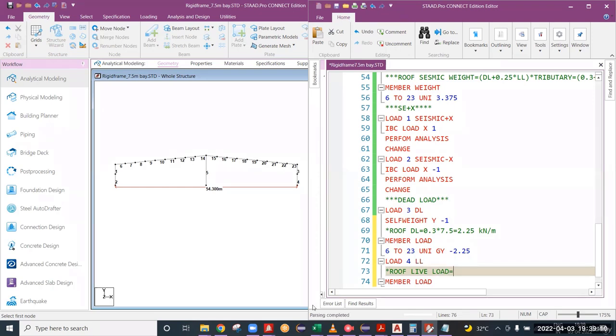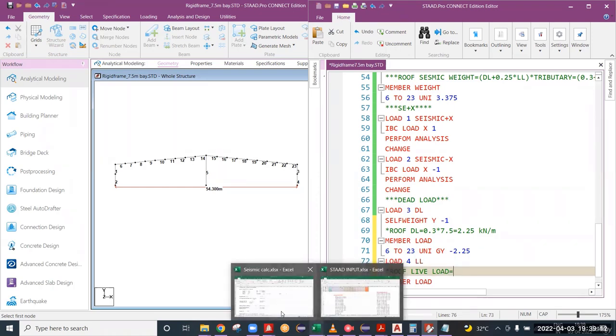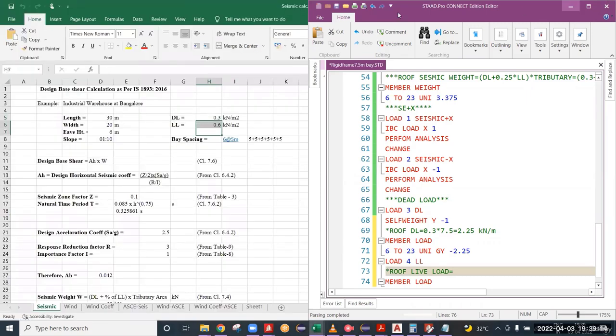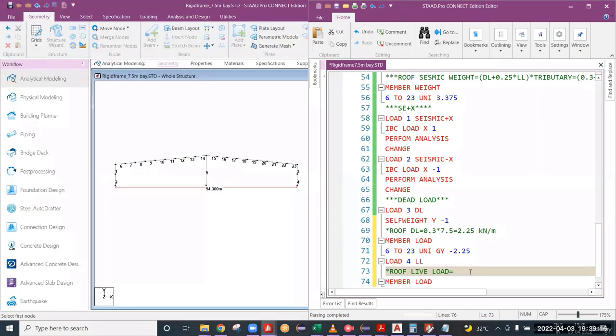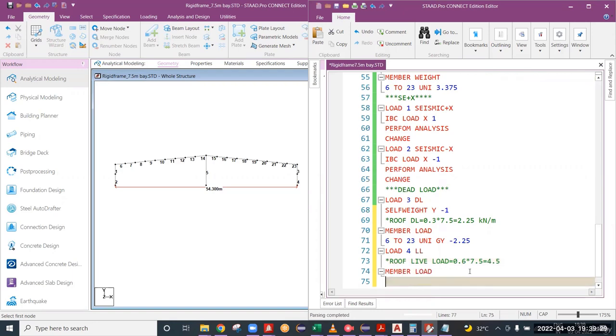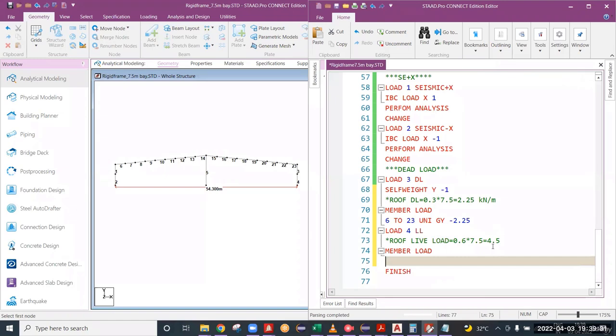What is the value of roof live load in our example? 0.6. So 0.6 into 7.5, that is 4.5. So you have to apply 4.5 UDL downwards.